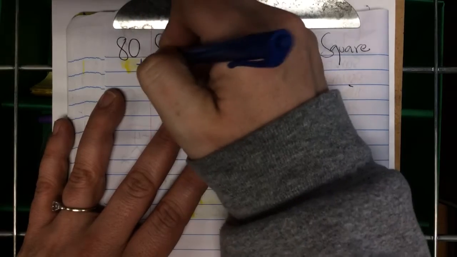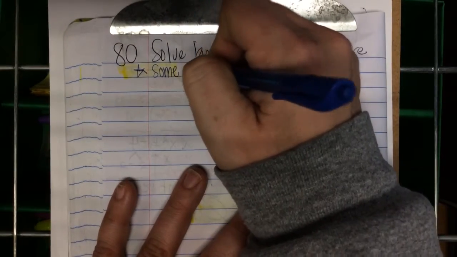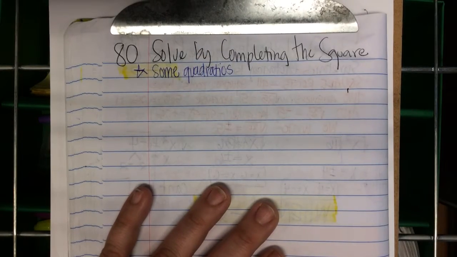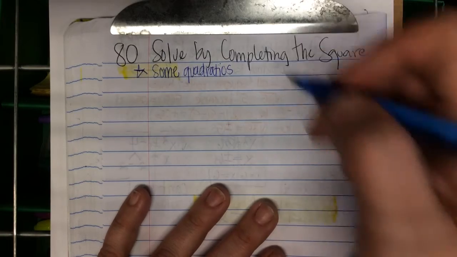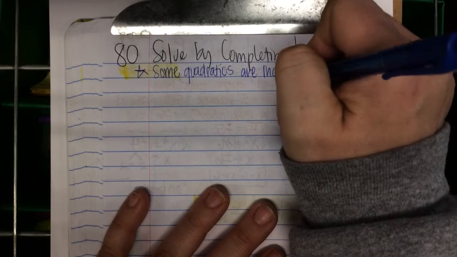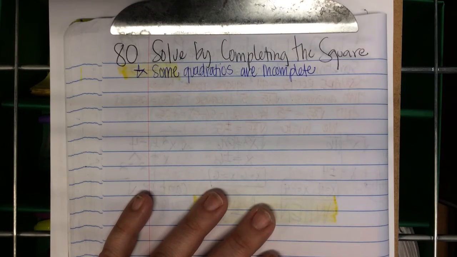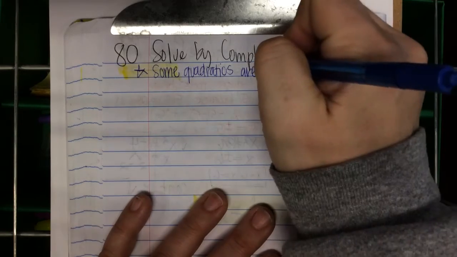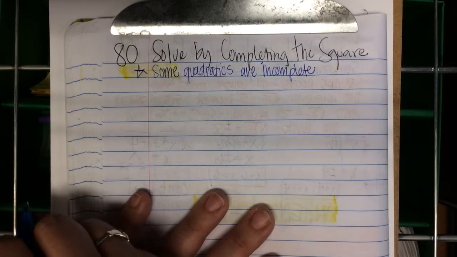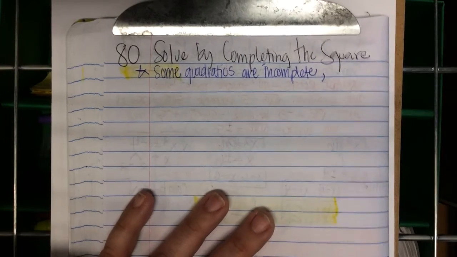So, we have some quadratics, the ones we're dealing with today. Some quadratics are incomplete. And we typically use this method.